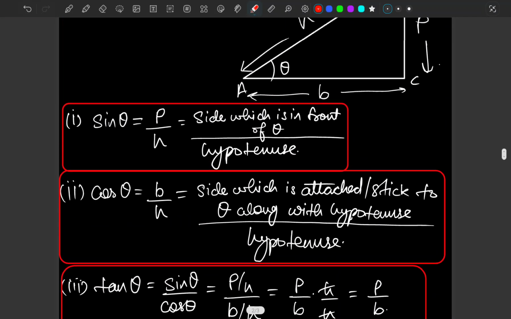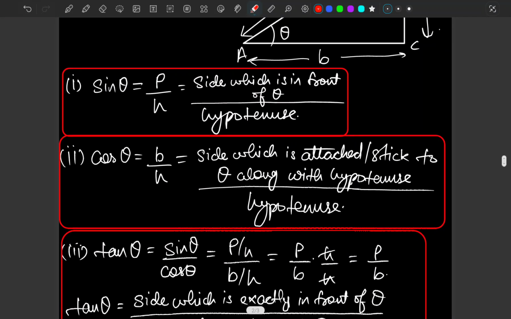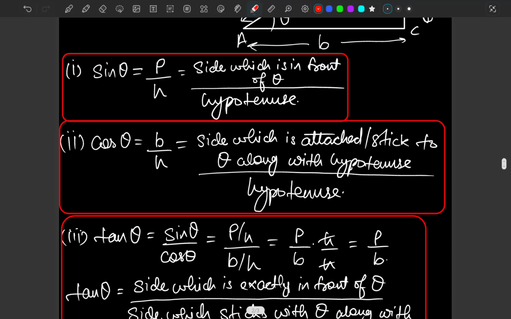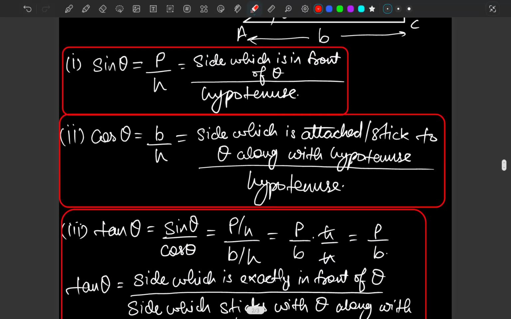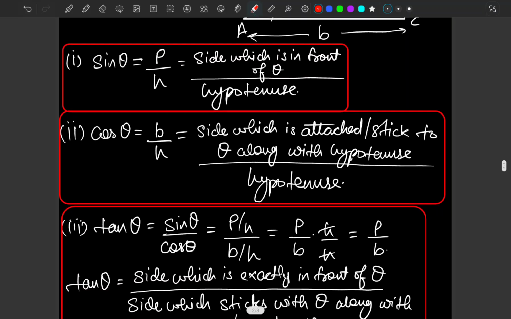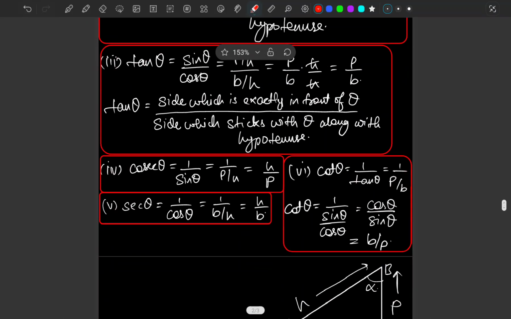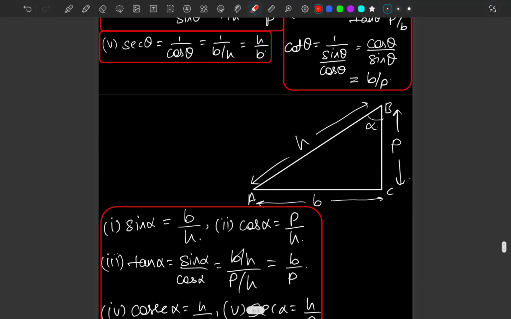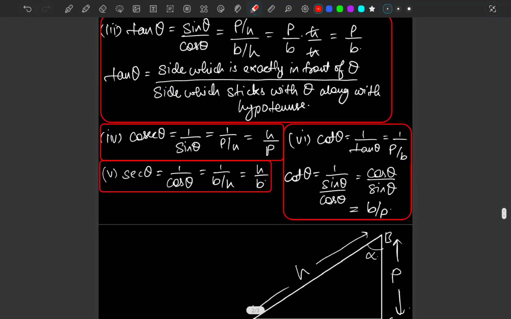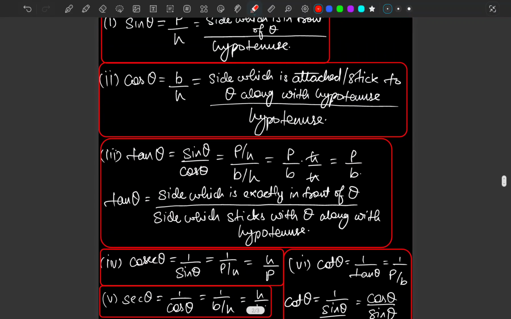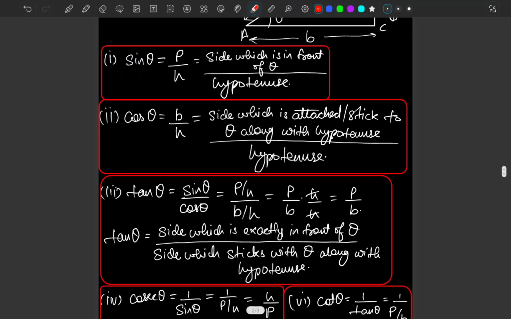Okay, so now we are having these things. Now do we notice something here? Wait a second, let me just show you an amazing thing here.